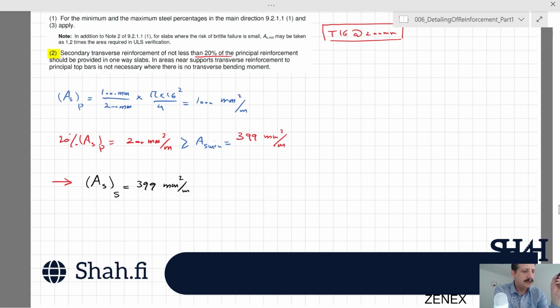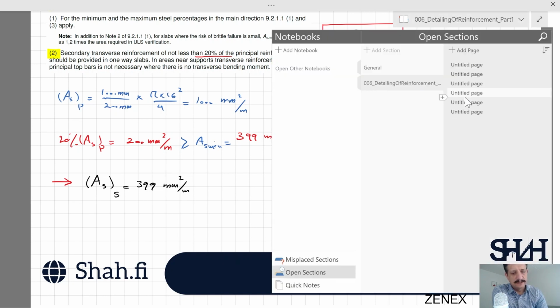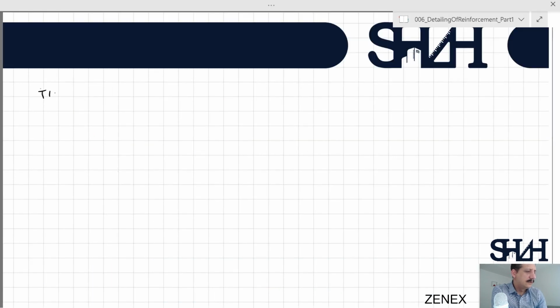So 399, as far as this is secondary, usually the diameter is different from the primary. 16 millimeter for the primary and 12 millimeter for secondary is quite reasonable. So the number of 12 millimeter bars will be 399 square millimeter per meter divided by pi 12 millimeter square divided by 4.